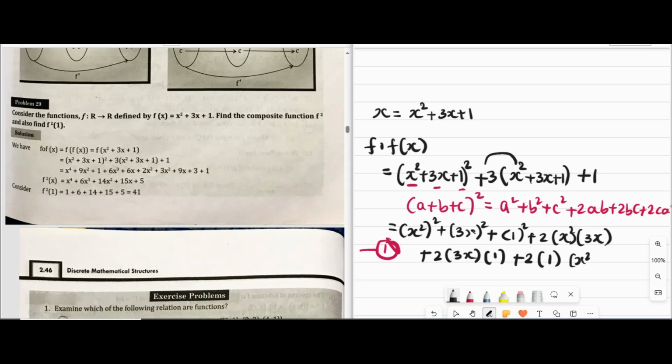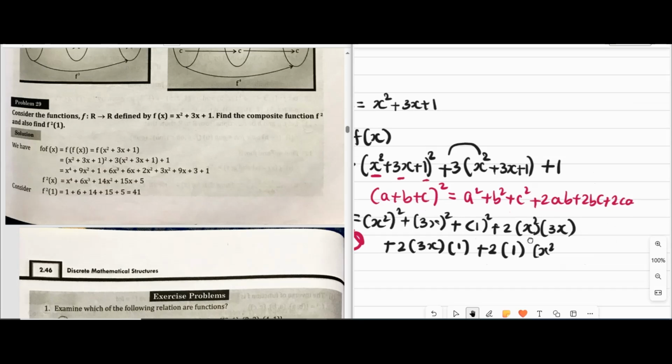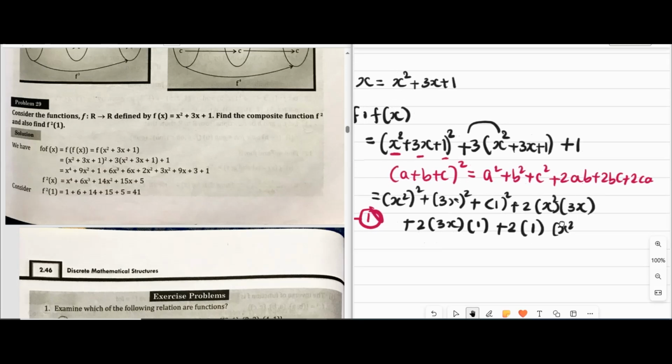Then expand the rest: plus 3x square plus 9x plus 3 plus 1.